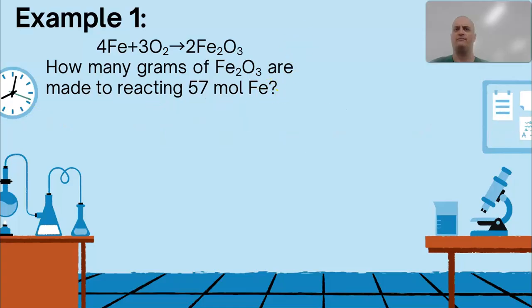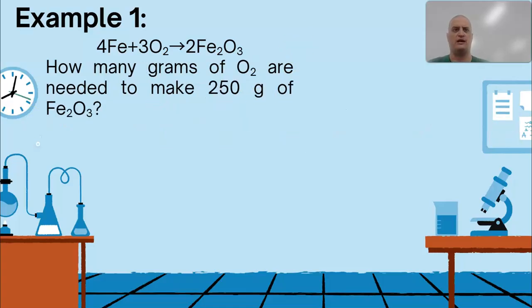One more example. Going grams to grams, the furthest you would go. So 250 grams of my iron(III) oxide, and I'm trying to go to grams of O2. Grams are what I start off with, so grams go on the bottom.